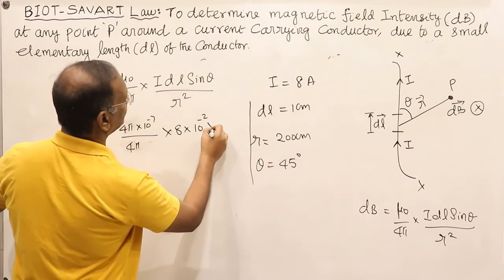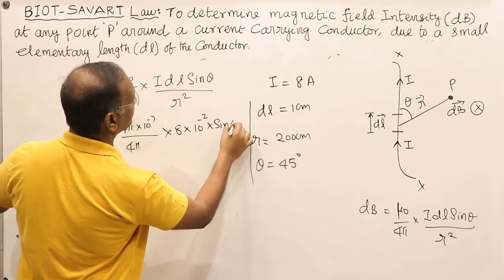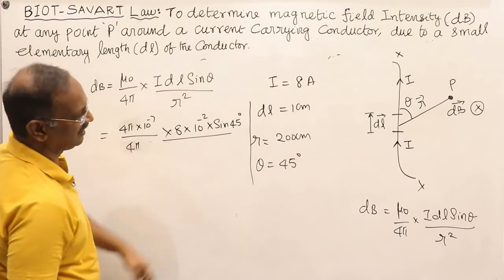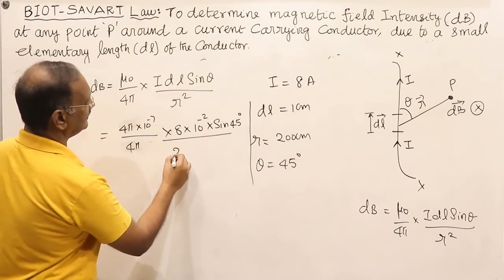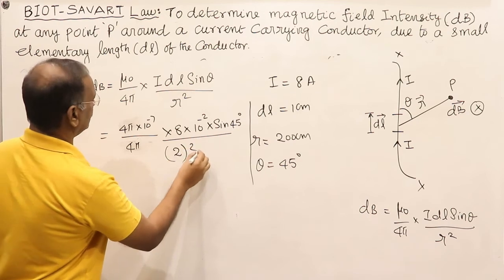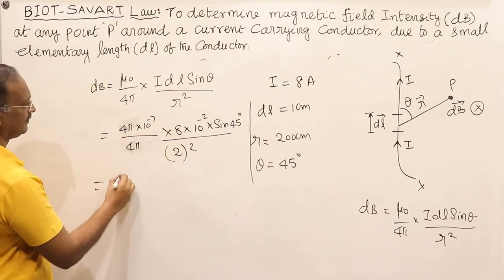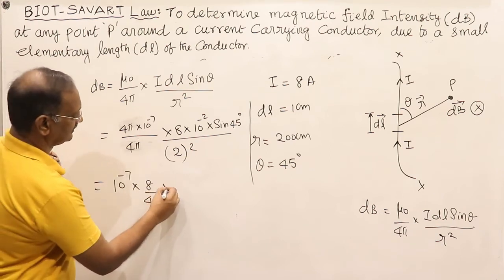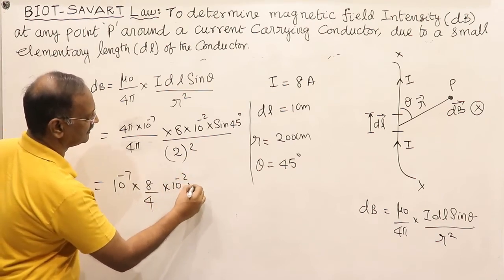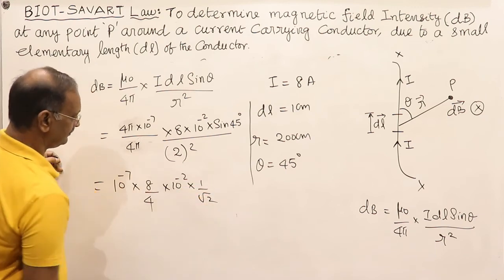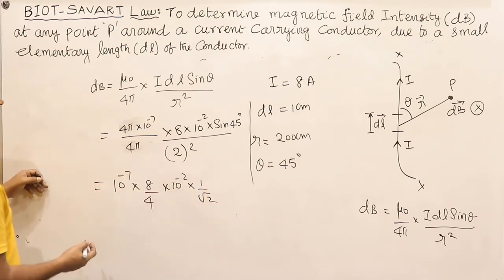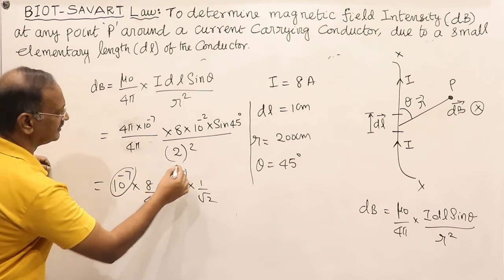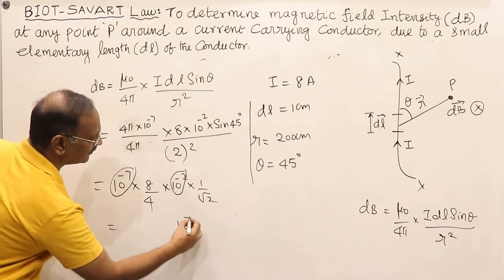And sin theta is sin 45 degree, divided by r square. R is equal to 200 centimeters, that is 2 meter, squared. So this is 10 to the power minus 7 into 8 divided by 4 into 10 to the power minus 2 into 1 by root 2. 10 to the power minus 7 into 10 to the power minus 2 is 10 to the power minus 10.